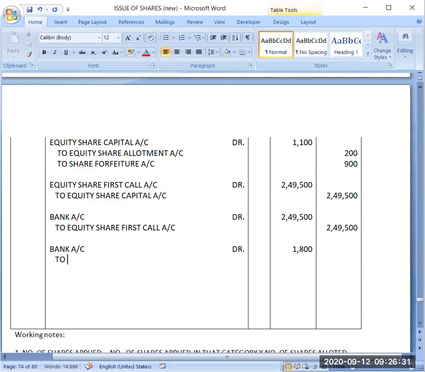To equity share capital account, to securities premium reserve account.